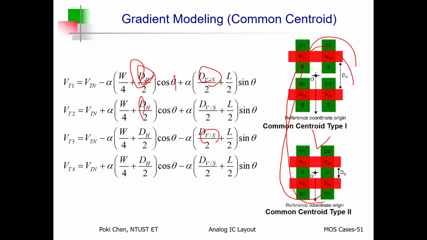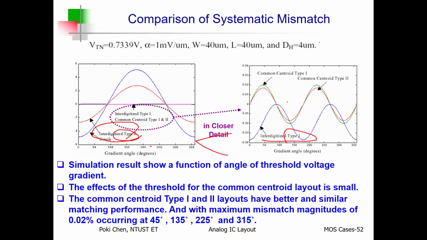Let's have a look at the two-dimensional one. You can see, according to the simulation, the two-dimensional common centroid type 1 and type 2 both have less, I cannot say much less, but they still have less impact from mismatch. Again, it shows you two-dimensional layout pattern is better than one-dimensional.